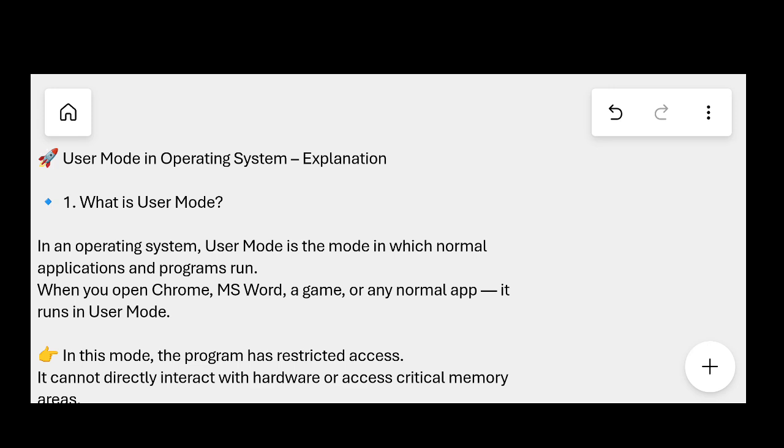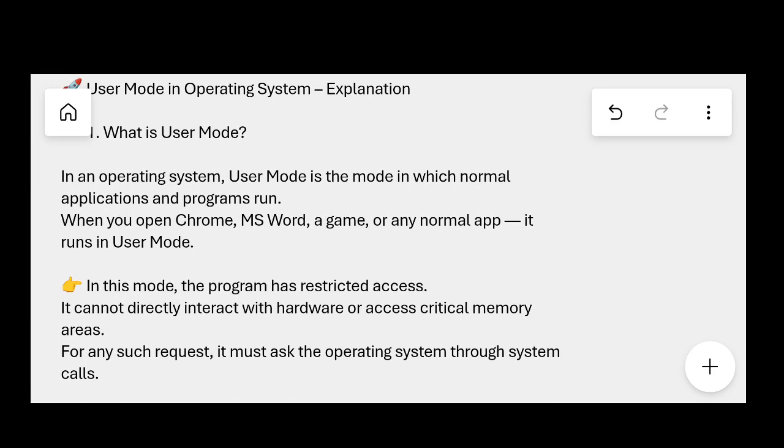It cannot directly talk to the hardware or touch critical areas of memory. So if it needs to do something special like reading a file or printing a document, it has to ask the operating system through a system call.